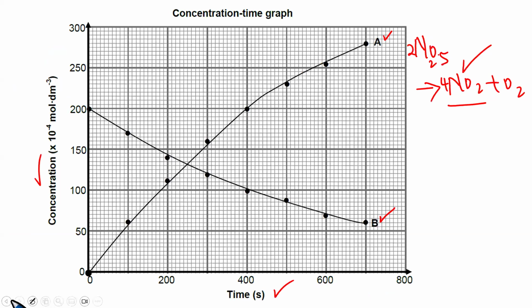Let us take a look at the graph. At 400 seconds, here we are at 400 seconds, exactly on this thick line.